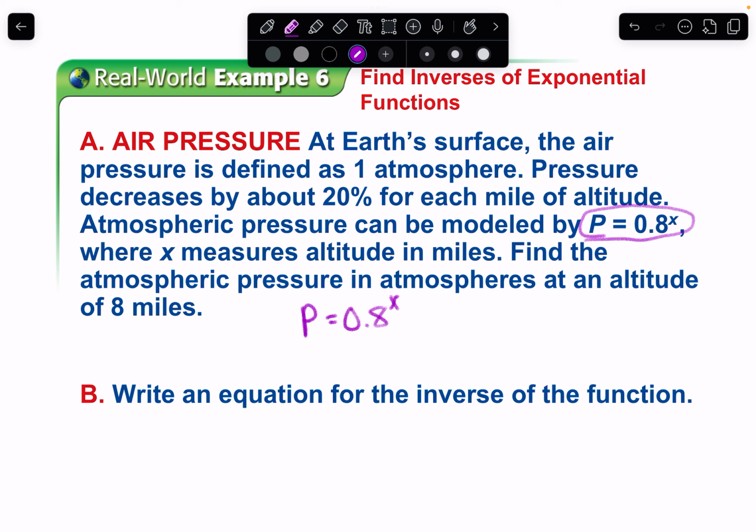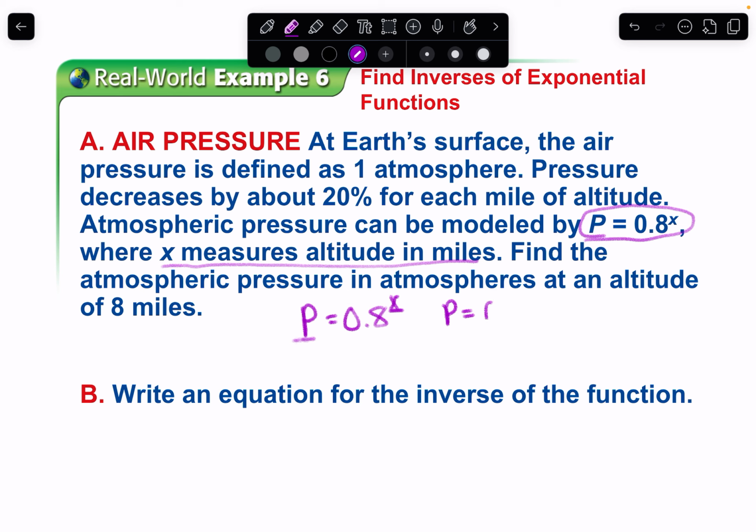Find the atmospheric pressure in atmospheres at an altitude of 8 miles. So it tells you your x value is altitude in miles, and then the next sentence says find the pressure, which is P, in atmospheres at an altitude of 8 miles. So my x is my altitude in miles. It tells me that value is 8.